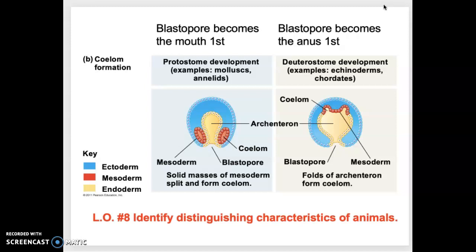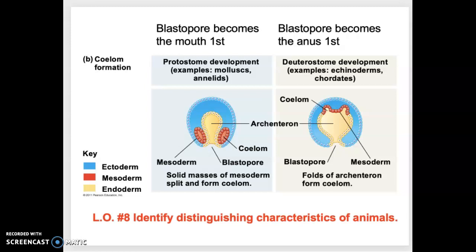They develop the mouth first. Deuterostomes develop their anus first. Echinoderms, chordates, all of your mammals, your reptiles, your birds, your fish, etc. We're all deuterostomes. That means our anus develops first. Things like mollusks, worms, etc., their mouth develops first. It seems a little ironic, but that's just how development works within the animal world.